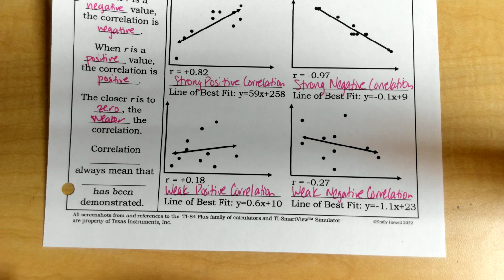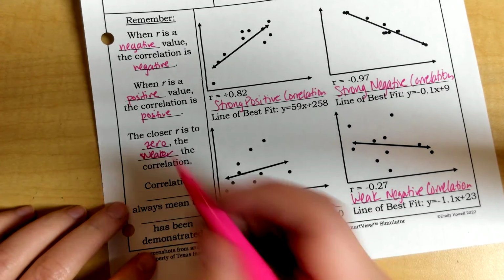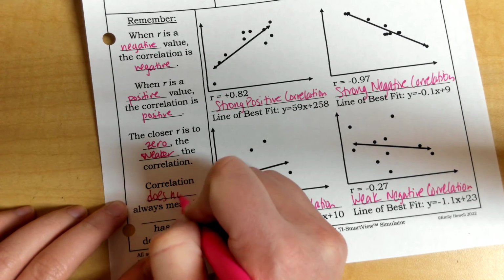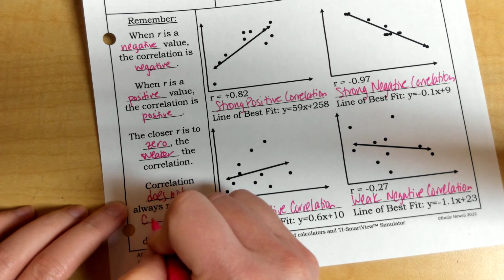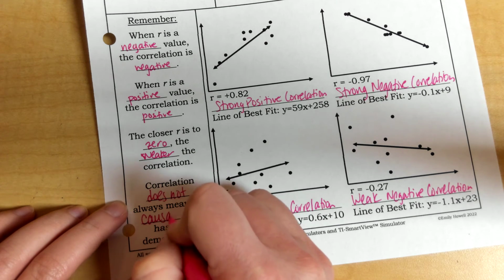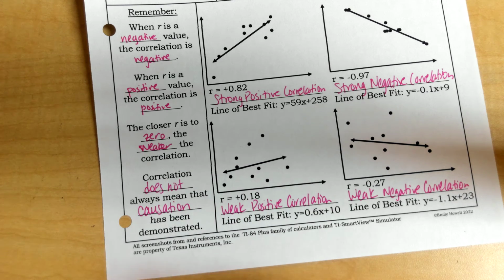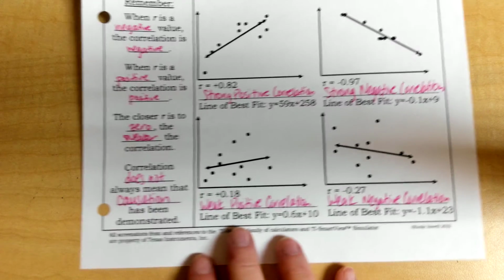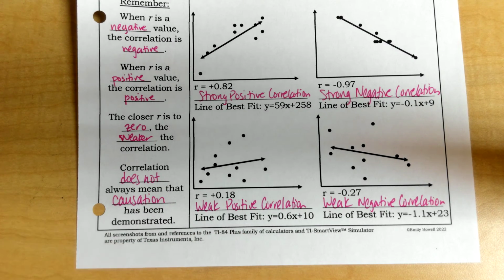Okay. And then one other thing that we want to talk about is correlation does not always mean that causation has been demonstrated. So just because two values are related doesn't mean that one causes the other. So for example, if we're looking at ice cream sales and the temperature outside, there may be a positive correlation between those numbers.